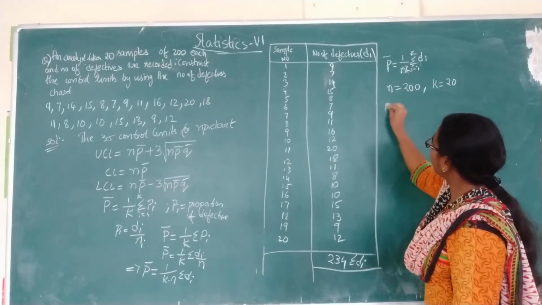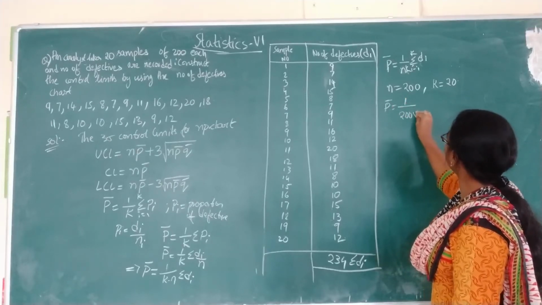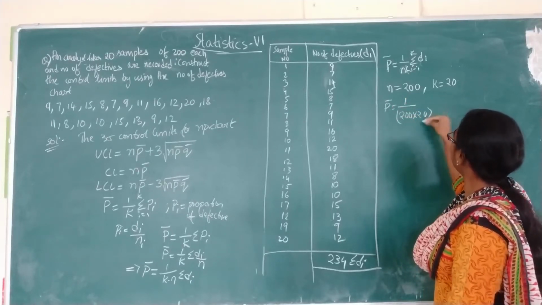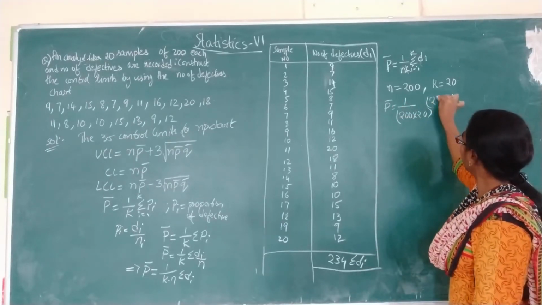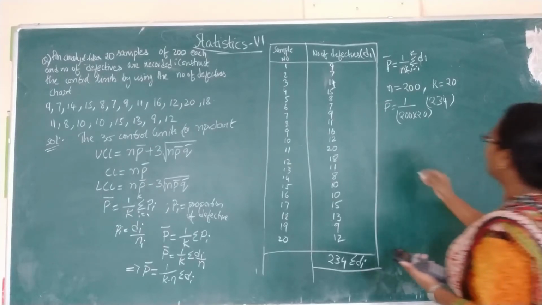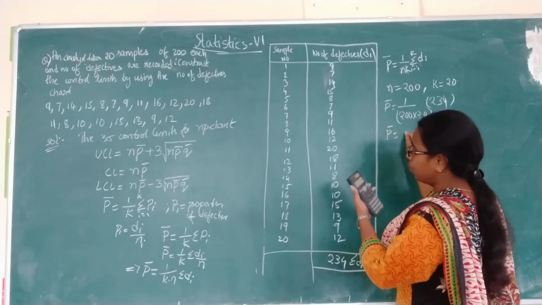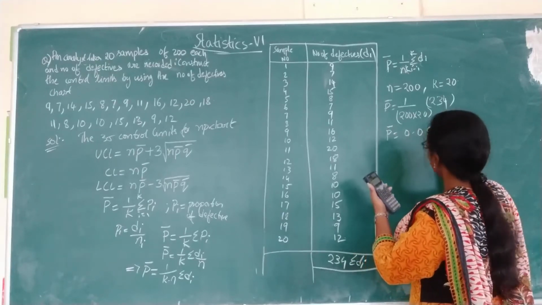So P bar equals 1 by 200 into 20 into summation Di value, 234. Now divide 234 by 200 into 20. You will be getting the answer as P bar equals 0.0585.